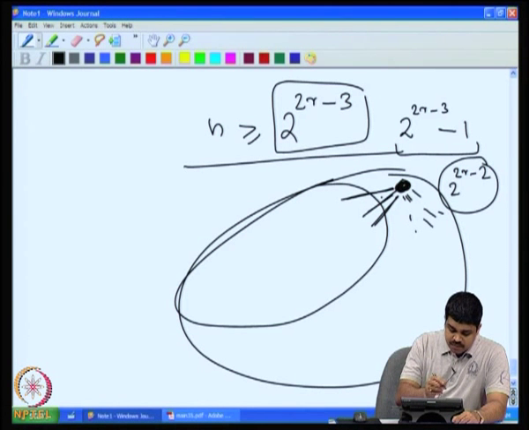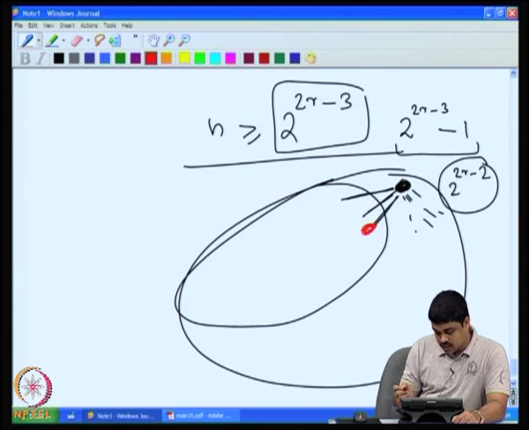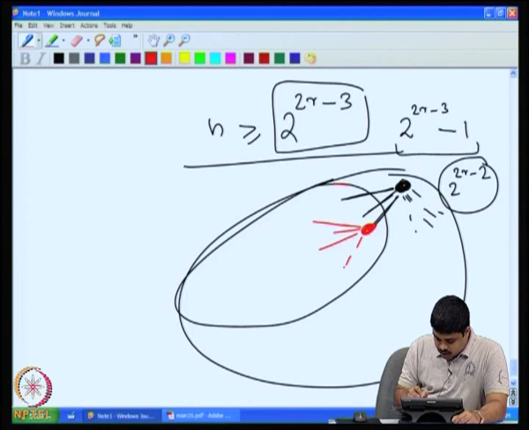And now, from that bigger group, we can pick up another vertex, maybe this vertex, and then again within this group we can categorize the vertices into 2: the ones which are adjacent to it and the ones which are non-adjacent to it.